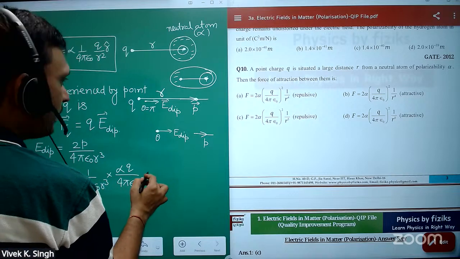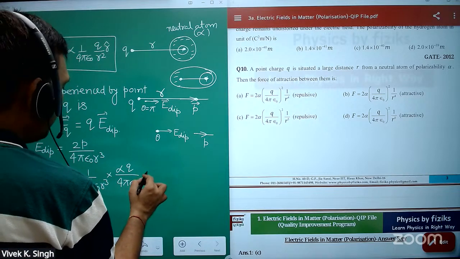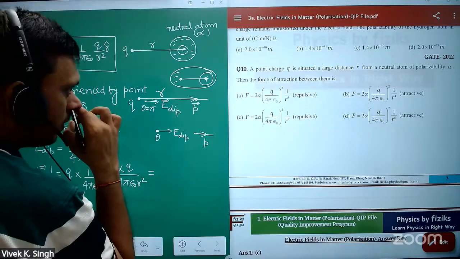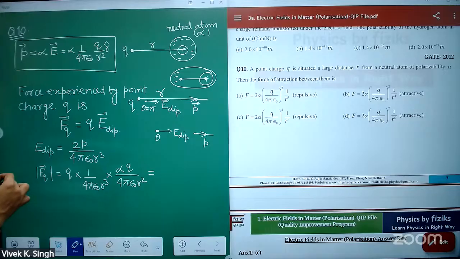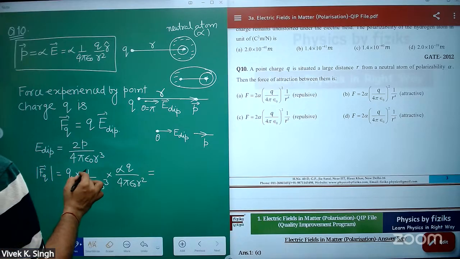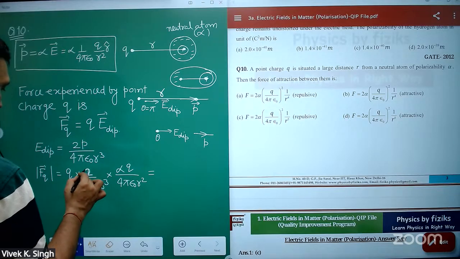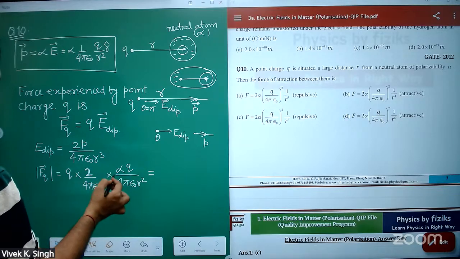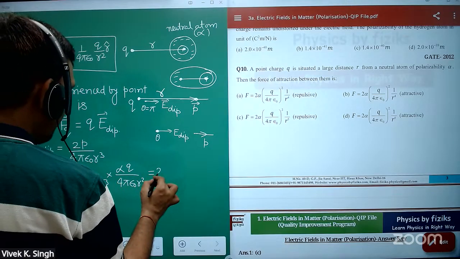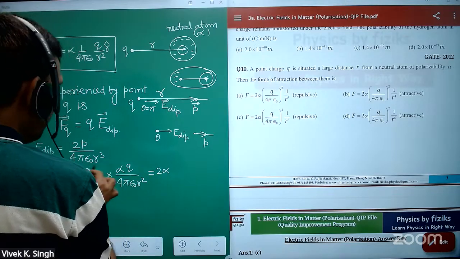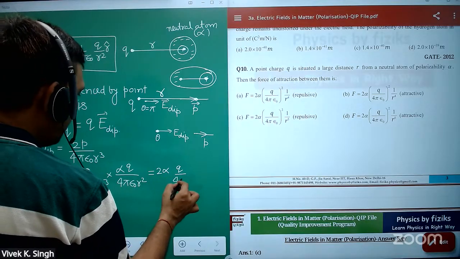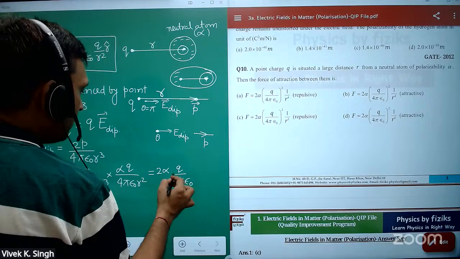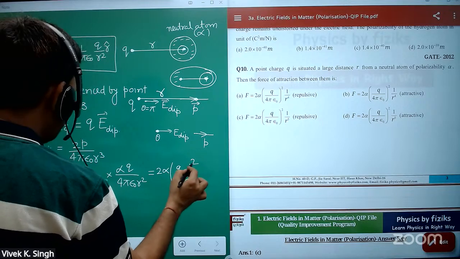So what will be this value? Here you have a 2p, and p is this value, so you will write twice alpha. Now Q by 4 pi epsilon naught, you can take it as a square. And what will be this value?